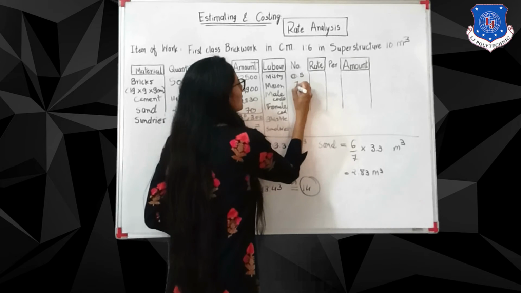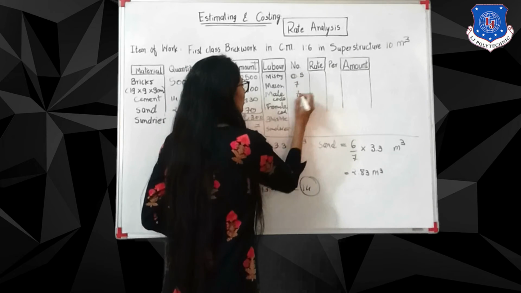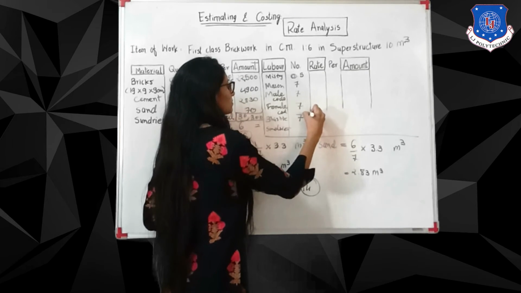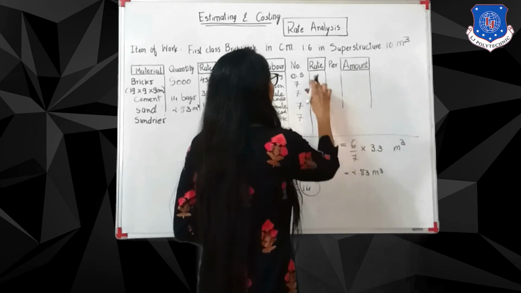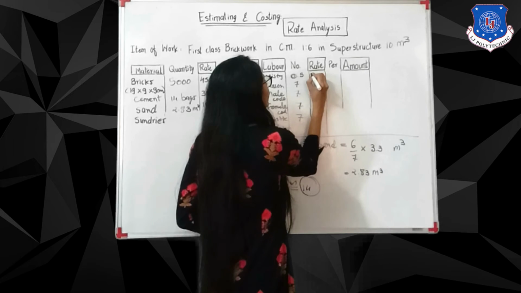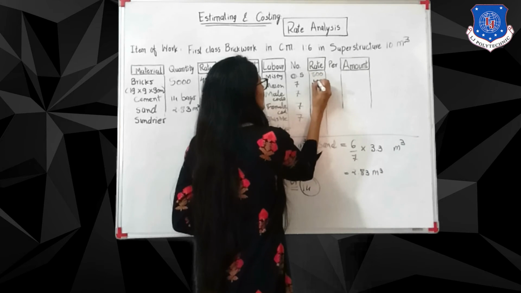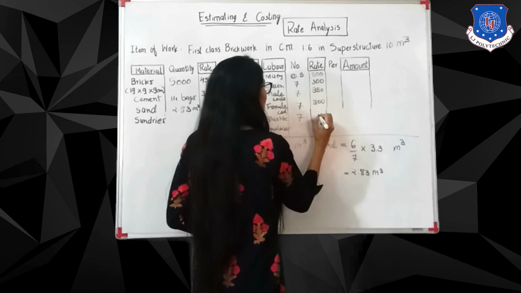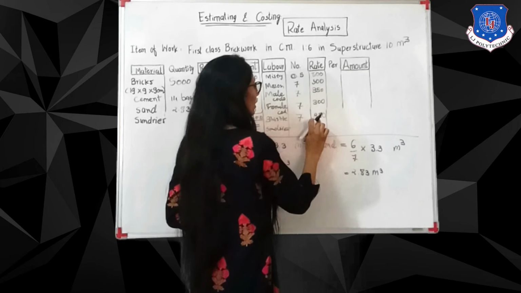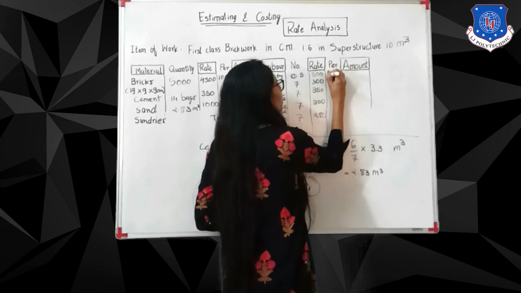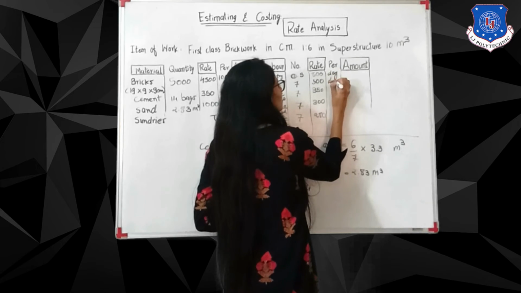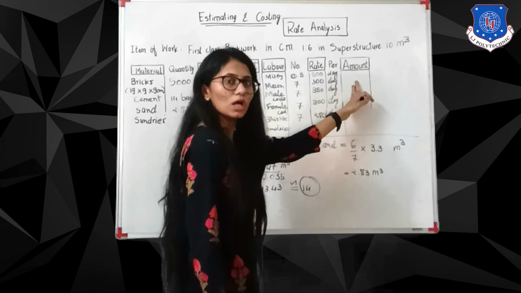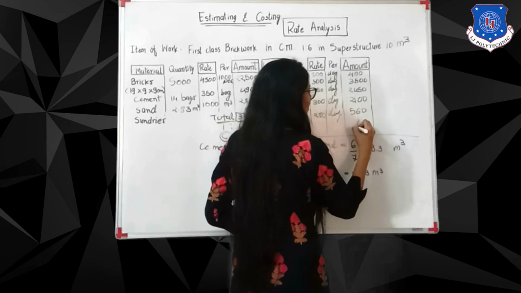Then mason, 7 masons, 7 male coolies, 7 female coolies, 7 Bhisti. Now I'm adding the basic rates for these labors: 800 rupees for Mistri, 500 rupees for mason, 350 rupees for male coolie, 300 for female coolie, and Bhisti will be 280 rupees. This is the amount we are paying per day of work. We have to mention that in the final section where we find the cost of labor. Finally 70 rupees for the sundries.